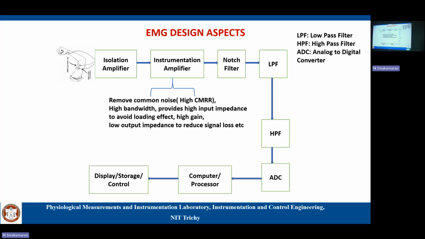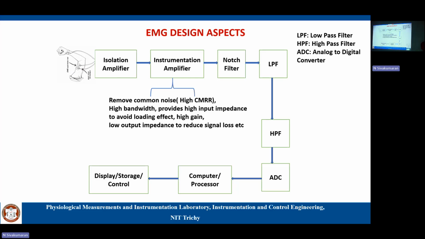You remember I said that above the muscles we have skin. Whatever signal we intend to capture has to propagate through the skin, so again there will be some drop. Then another drop happens at the interface. So obviously we expect the voltage to be as low as possible.